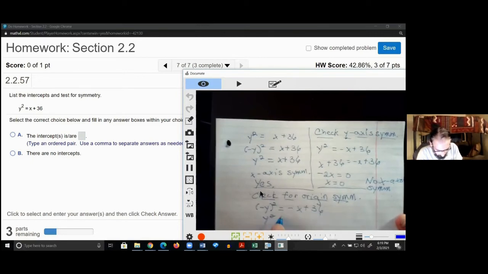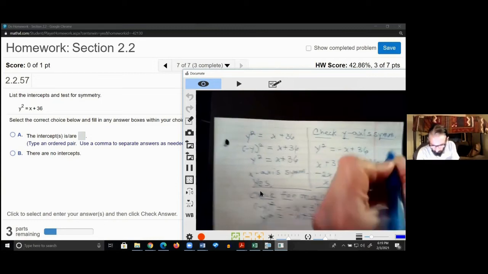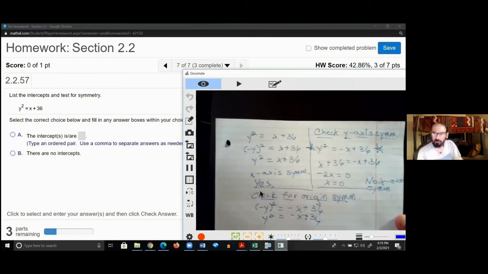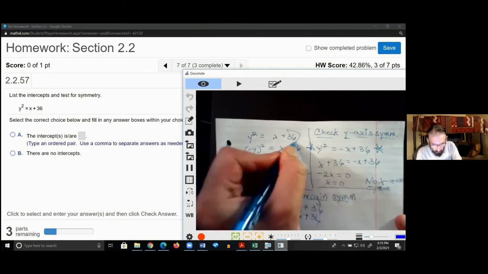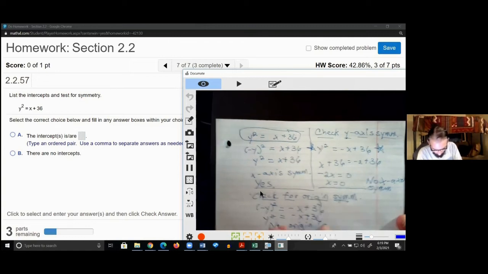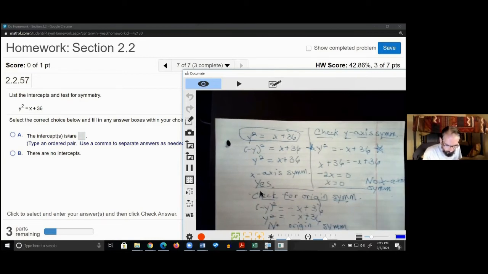It's the same as y squared. At this point, we're back to the same problem we had right here. So we're not going to be able to rewrite this and make it look exactly the same as the equation we started with. There's no origin symmetry. We have only shown that there is x-axis symmetry.